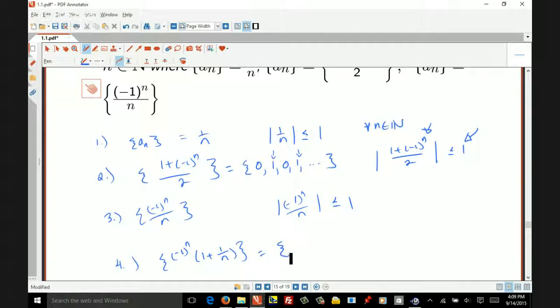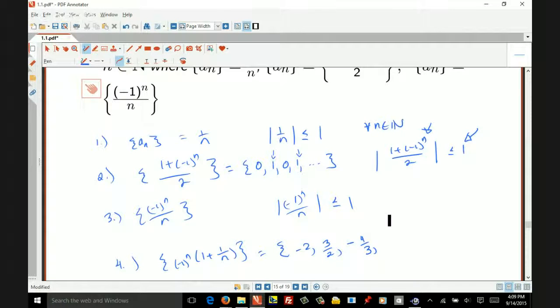So what are some of the first terms? These are multiplying together. When n is 1, you have negative 2. When n is 2, 3/2. When n is 3, it's negative 1 and 1/3, 4/3.